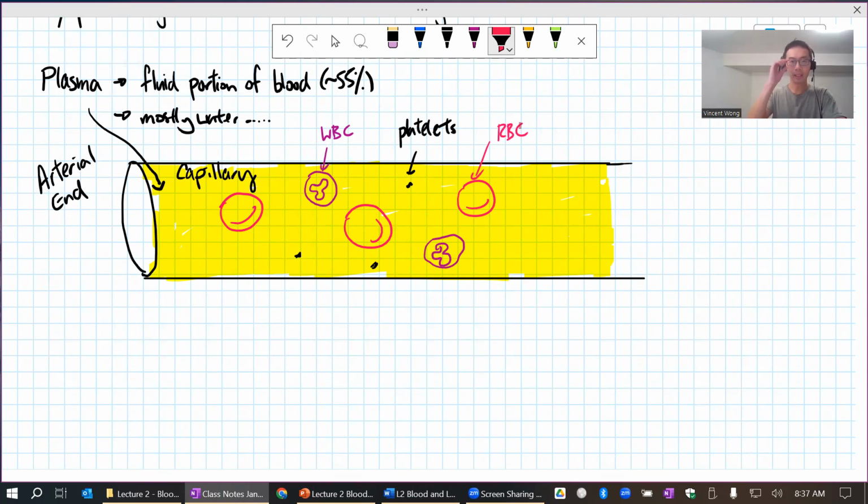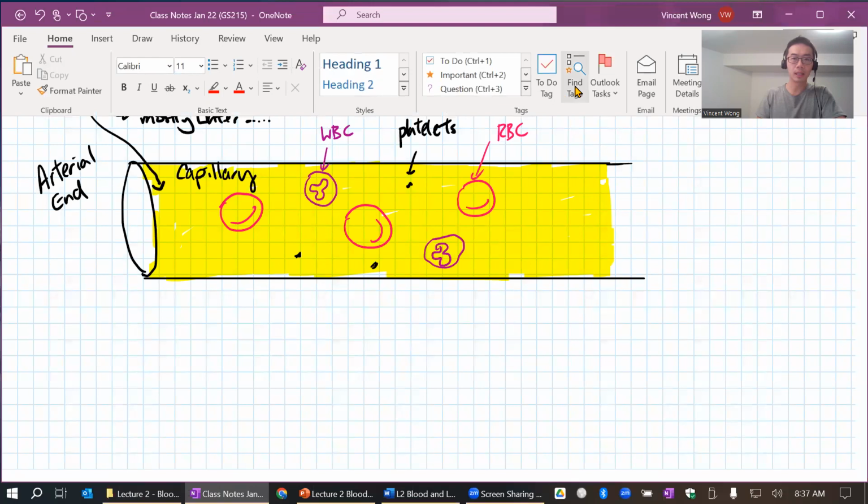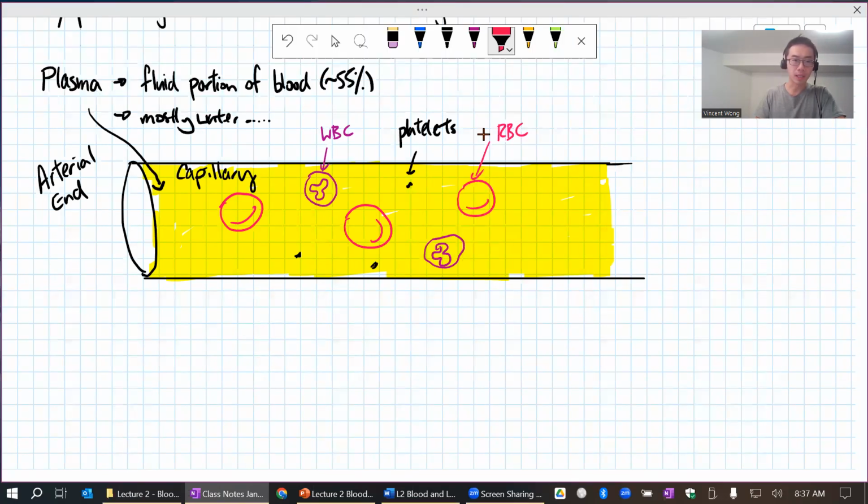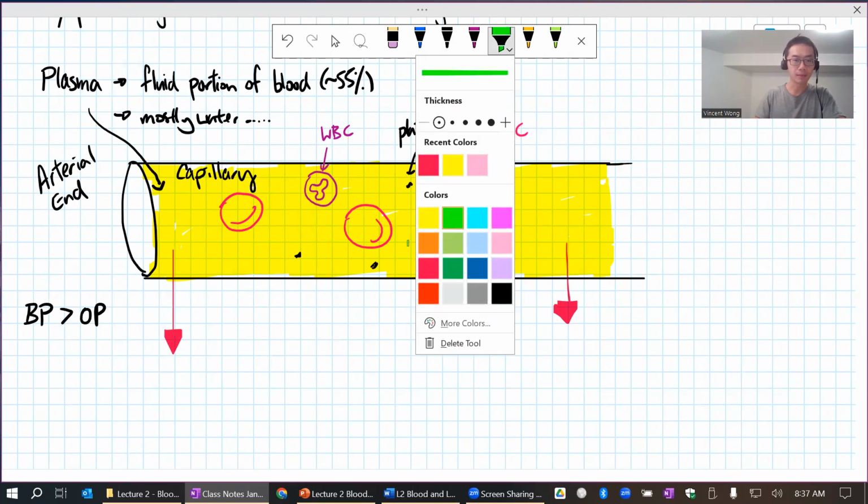Okay. All right. So we also learned that on the arterial side we have blood pressure, right? So this arrow represents blood pressure. And then on the venous side, we also have blood pressure, but to a lesser extent, right? So BP here is greater than osmotic pressure, which is going to be pointing the other way.